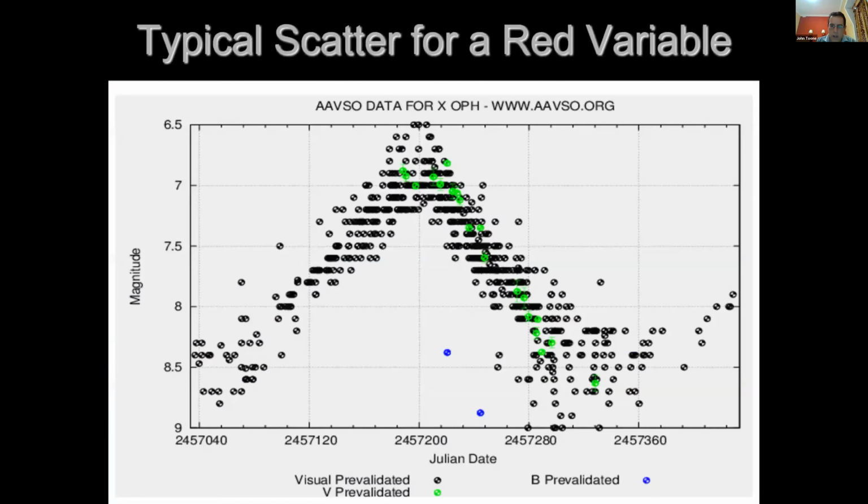So typically here is a red variable star, and typically you've got half a magnitude scatter. The scatter seems to increase as it gets fainter, and can be up to a magnitude when you get to this position here. It gives the impression that visual photometry is only a very approximate science, although you can clearly see what the variation is.